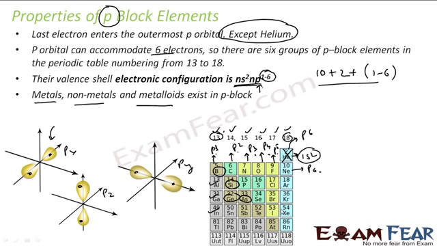Talking about non-metals: nitrogen, oxygen, fluorine, chlorine, bromine, all these are non-metals. Correct. So we have metals, non-metals and metalloids. We'll discuss this in detail in the p block elements. The only block which has all three, metals, non-metals and metalloids, existing is the p block elements.